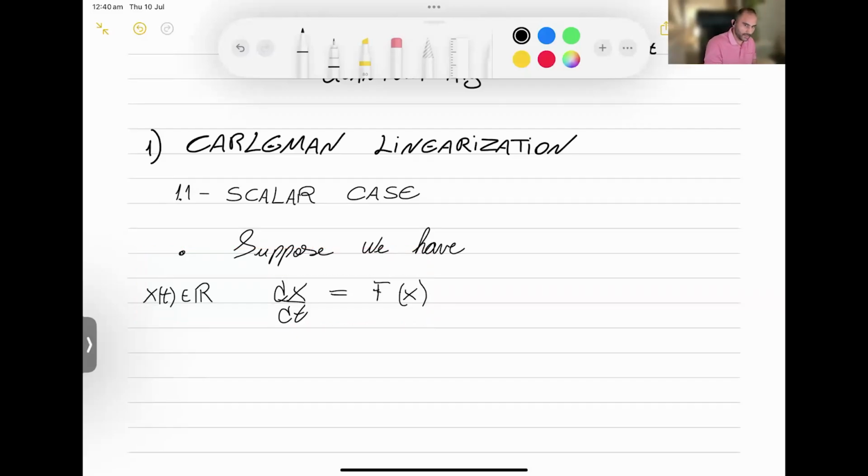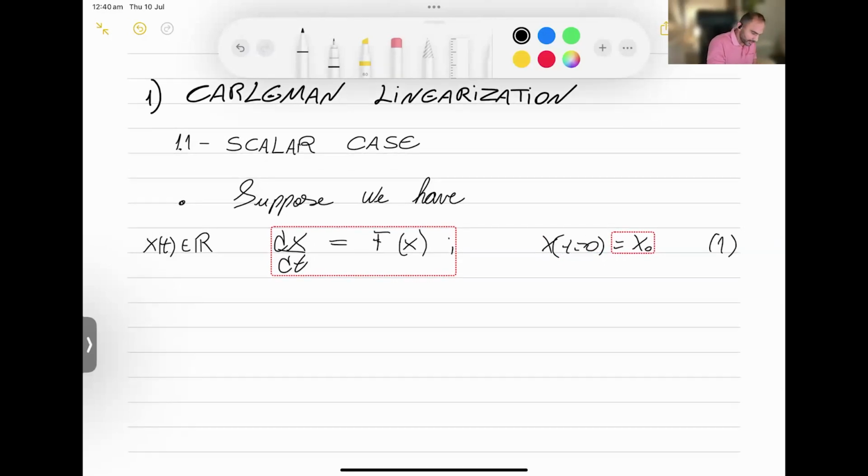And then of course you have some initial condition that we can call x0. Now imagine this function f(x) gives you some nonlinearity in x, some polynomial.